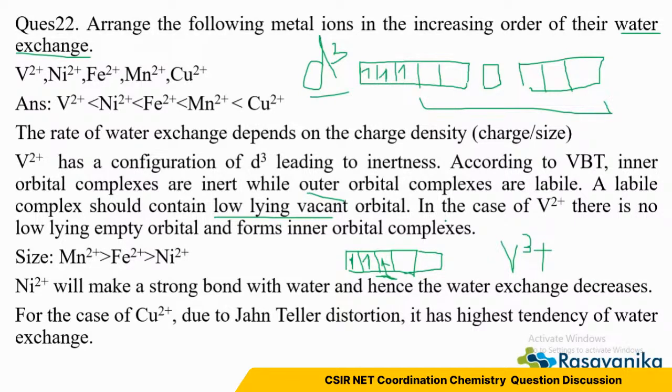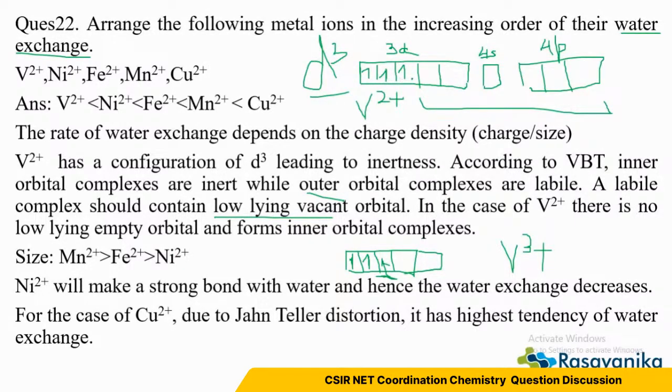So in the case of vanadium 2 plus, which is given in the question, it will be 3d3, right? This is 3d, and this is 4s, and this one is 4p, right? So in the case of vanadium 2 plus, there is no low-lying empty vacant orbital and it forms inner orbital complexes.